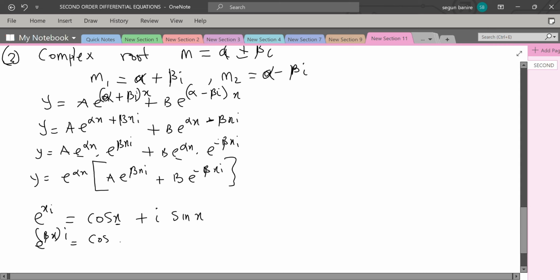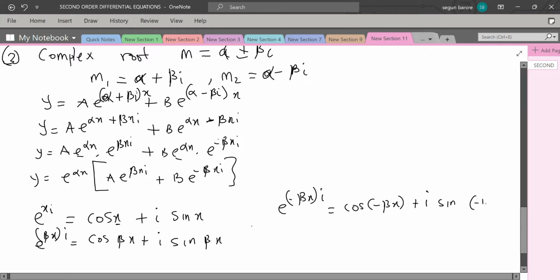So you get cos βx plus i sin βx. We also have e^(−iβx), so this one too will follow the same function. We get cos(−βx) plus i sin(−βx).